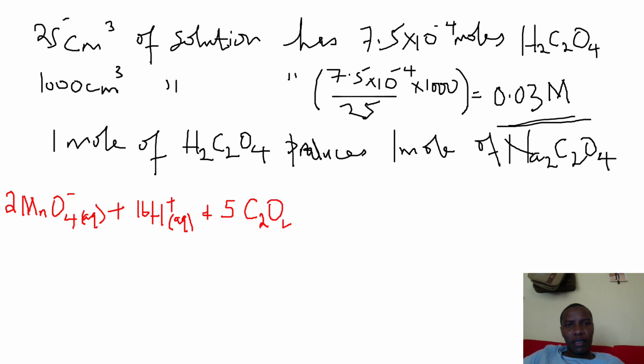Oxalate is written just like this, and it is in solution. This gives us 5 carbon dioxides. No, it's going to be giving us 10 carbon dioxide moles.